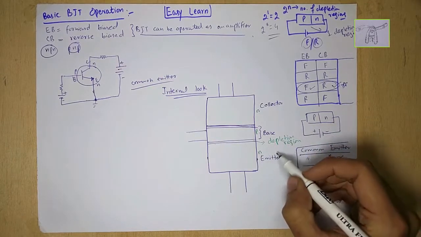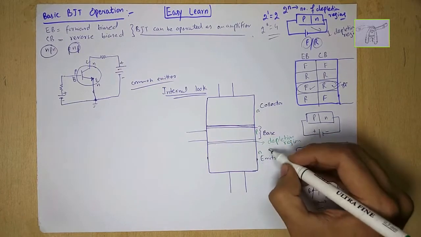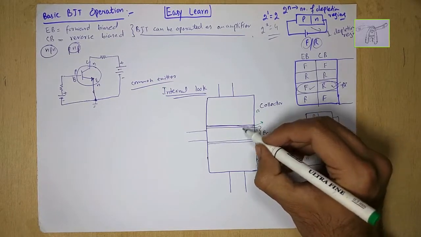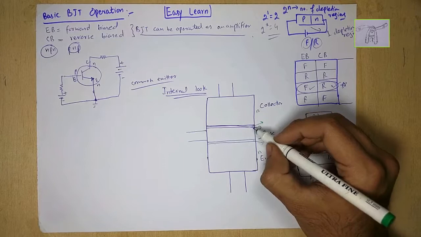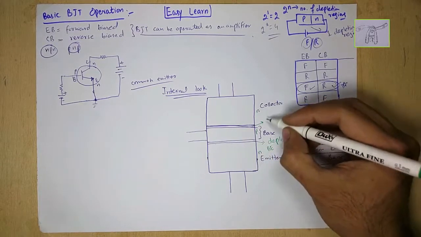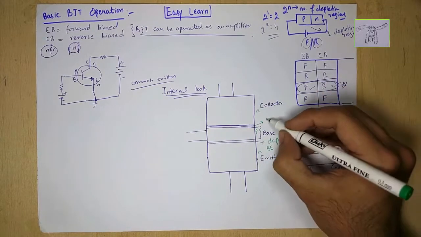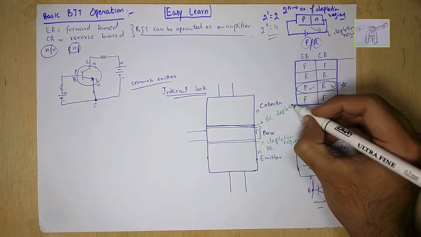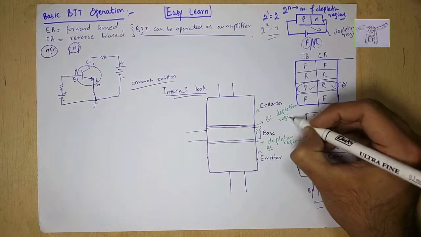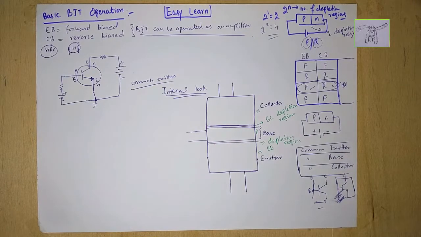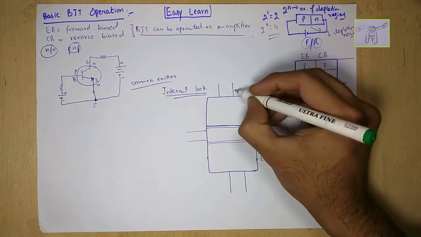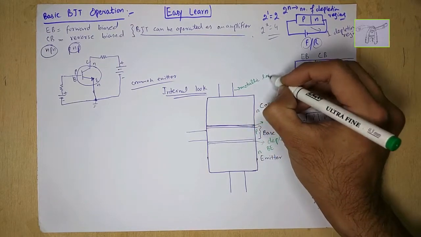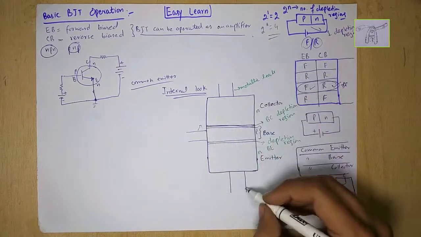This is the depletion region of the base-emitter junction, BE, and this is the narrow width I showed here. This is the depletion region between the base and collector region, the base-collector depletion region, the depletion region of the base-collector junction. And these are the same metallic leads.